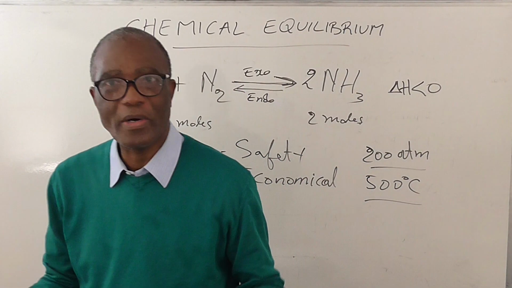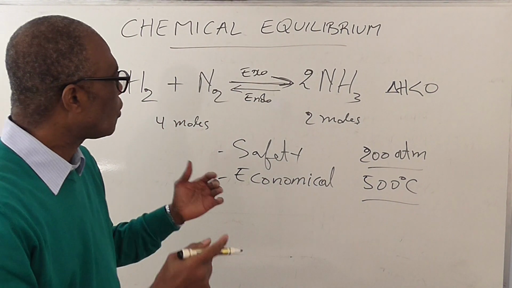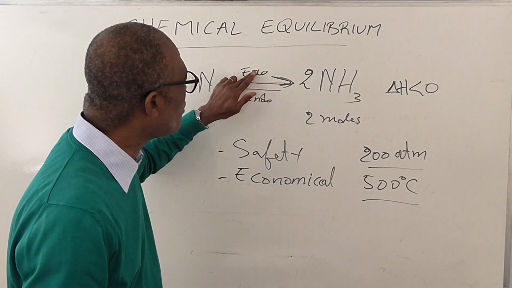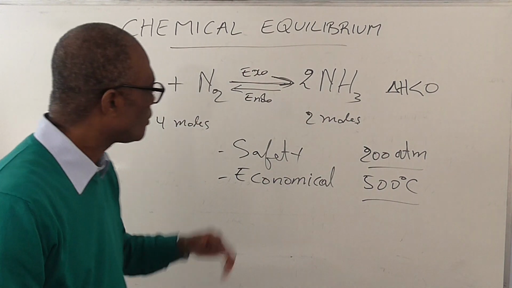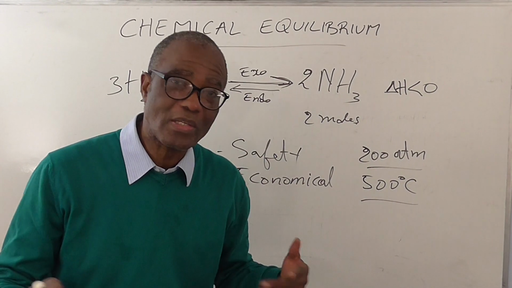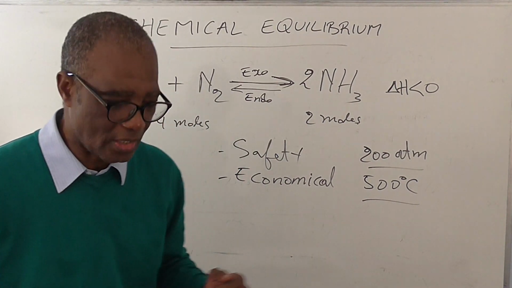I'm going to give a summary. So to produce ammonia in industry, the production is called the Haber process.